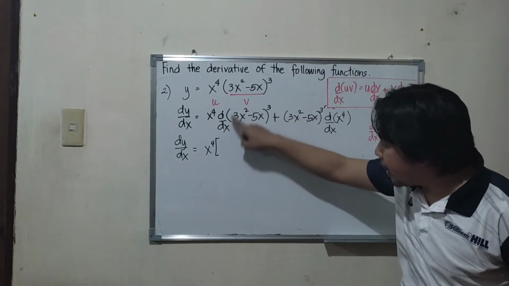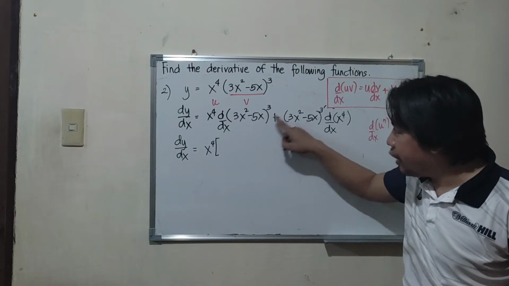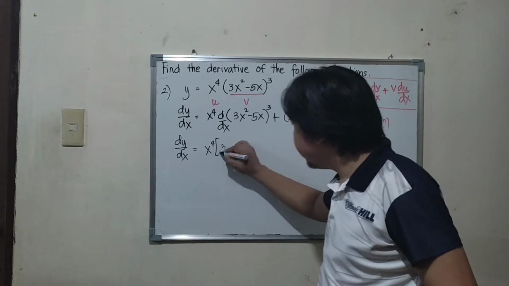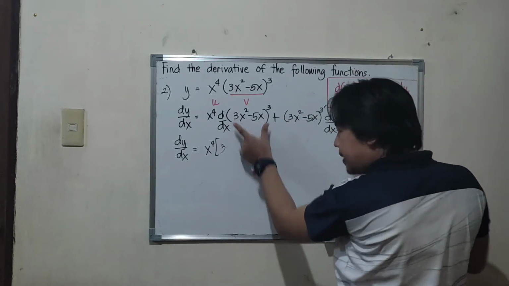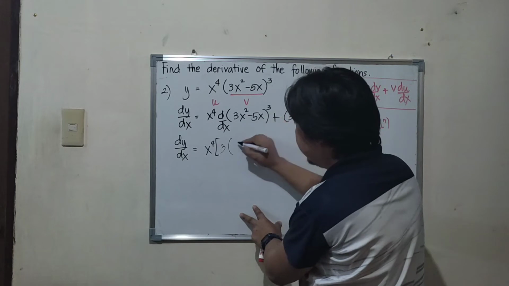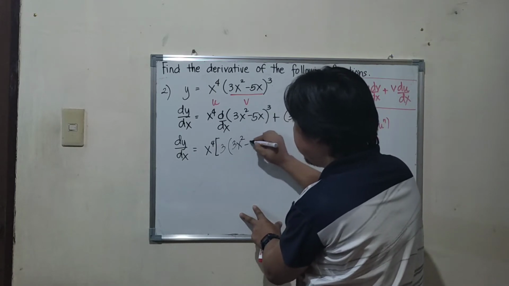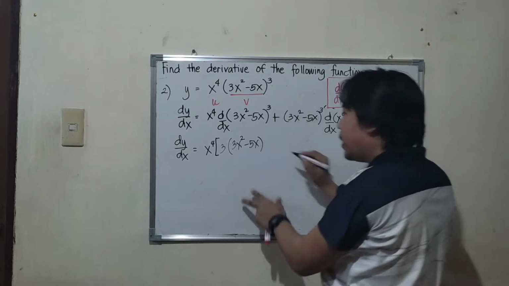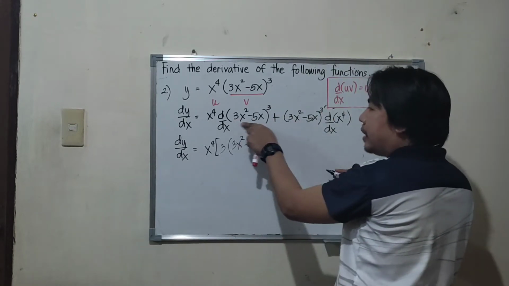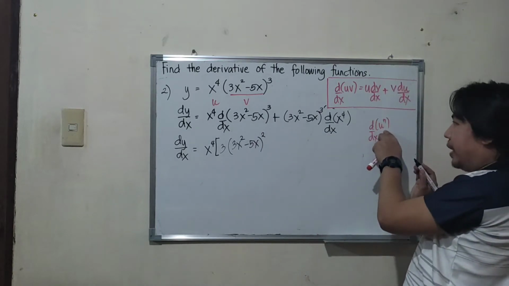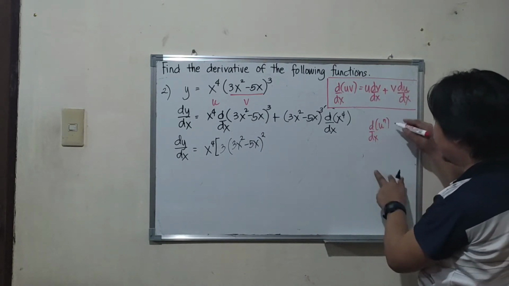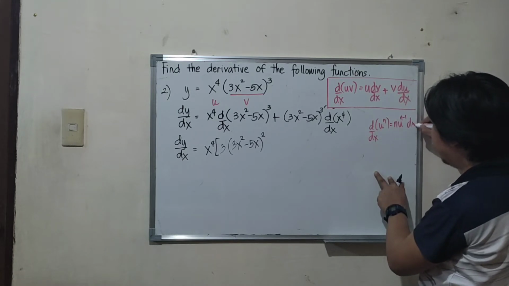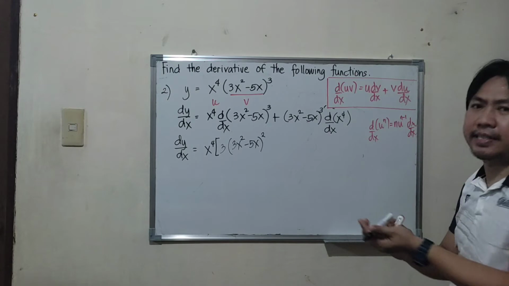So yung 3, just multiply sa base. The base here or the u is 3x squared minus 5x. So therefore, we have 3 times the base. So we have 3x squared minus 5x raised to, subtract 1, so 3 minus 1, so that is 2, times derivative of the base of u. Derivative of the base natin, so formula natin is n u to the n minus 1 times derivative of u with respect to x. Okay?